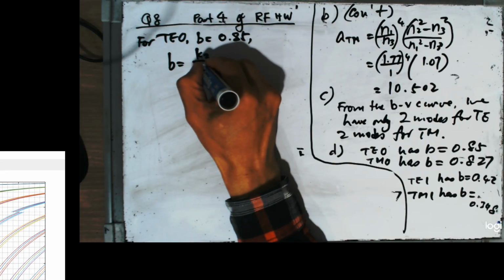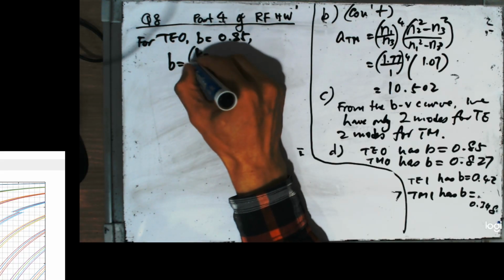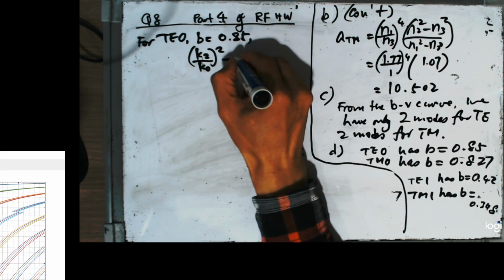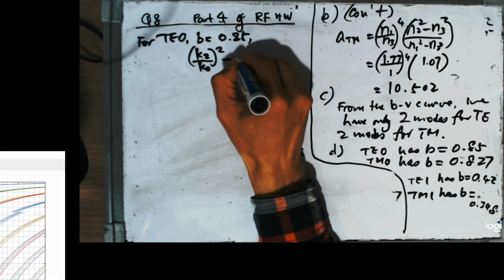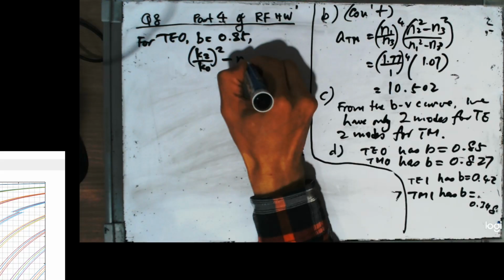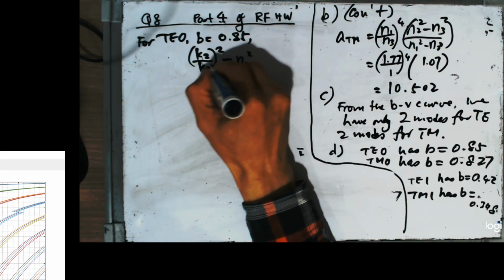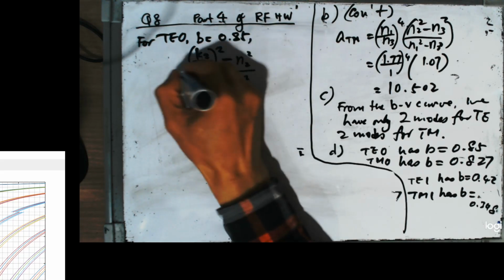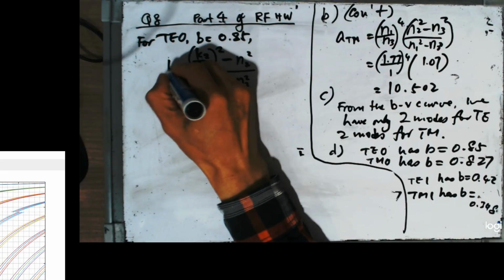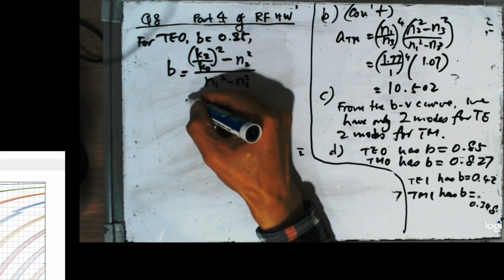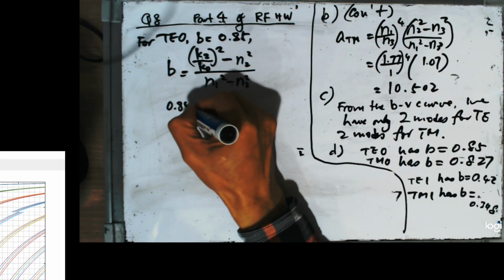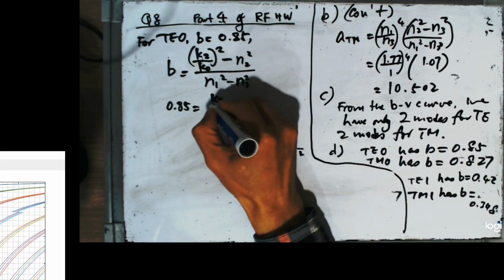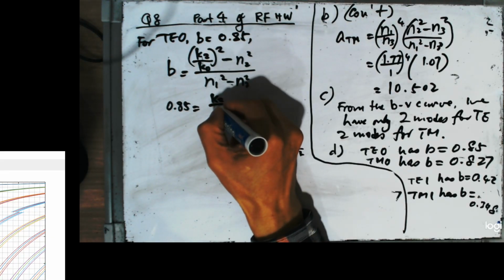So we use this formula, and we just plug in Kz, and K naught is 2 pi over lambda, which is 1.